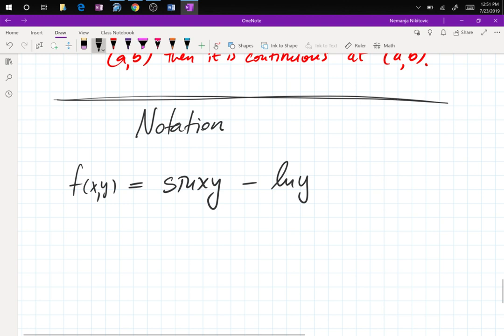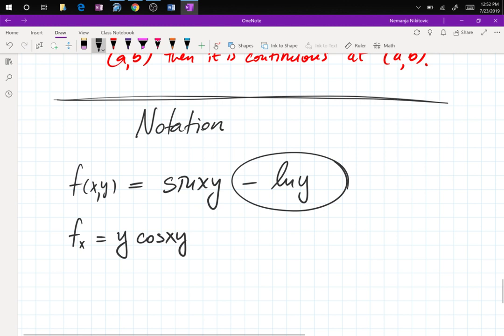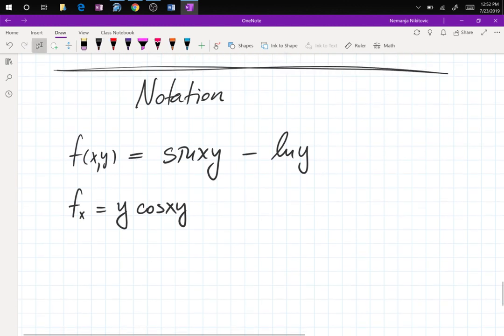All right. So we saw the notation f_x, and we said the derivative of sine is cosine, so cosine xy, and then the y is a constant, so that jumps in front. And since it's a partial with respect to x, there are no x's in ln y, so it's just a big fat 0.